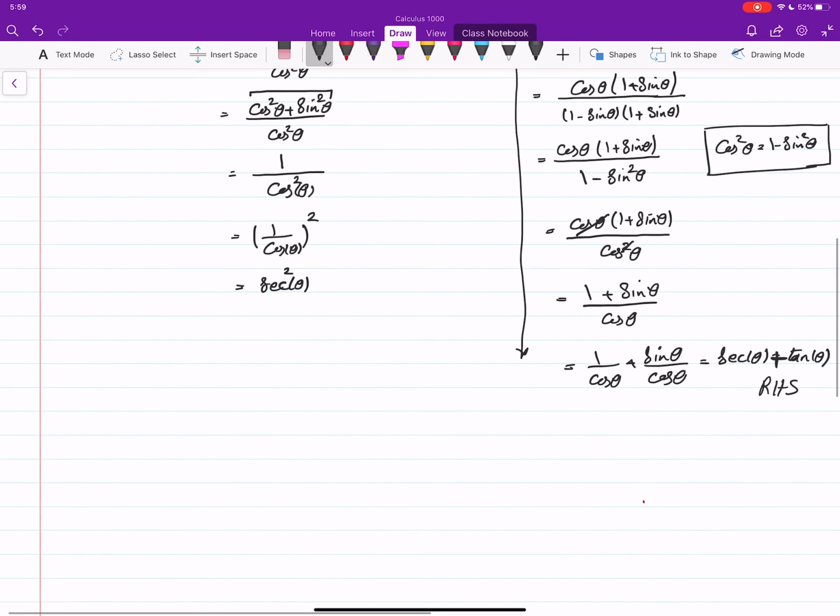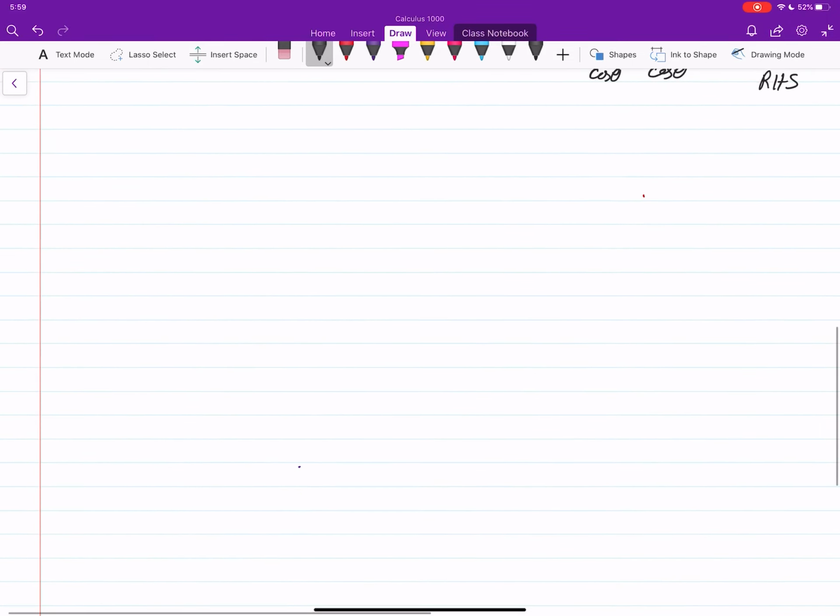Okay, so that's the first identity, but another very important identity is called the addition formula. As the name suggests, it's about sums of two angles.